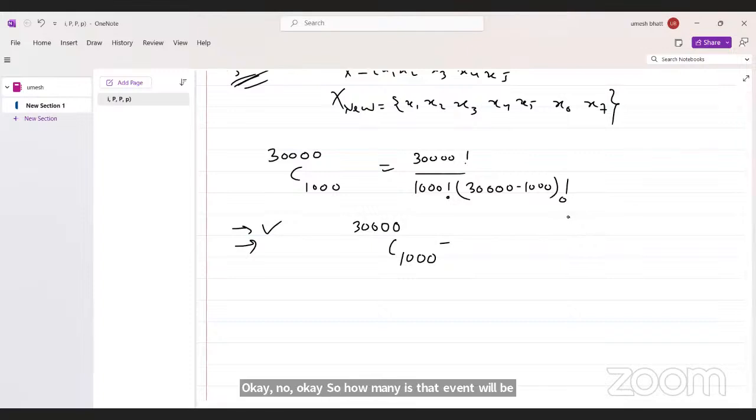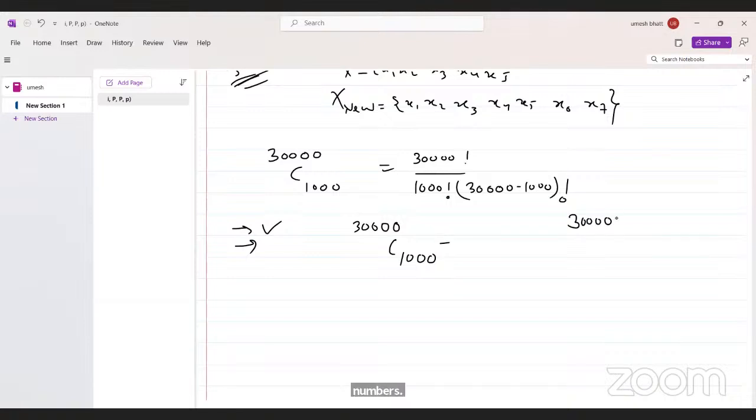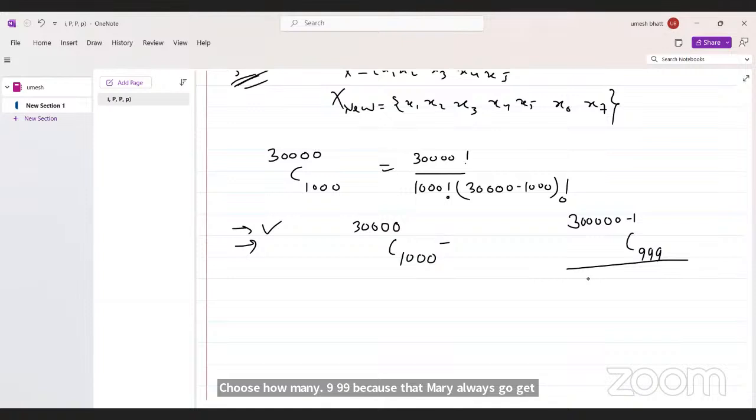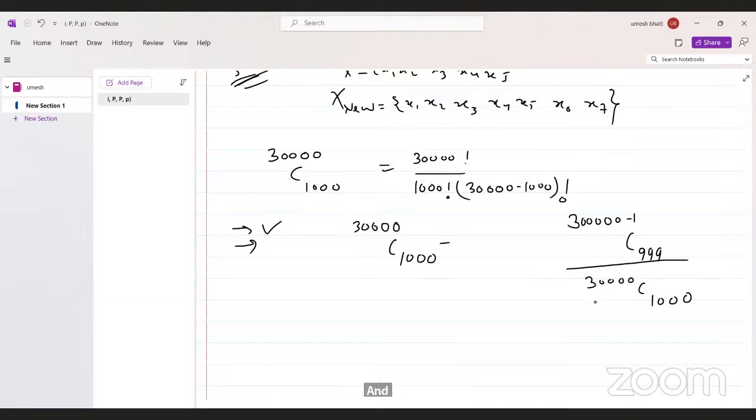For that, remove one person from my total numbers, which is 30,000 minus 1 C. And now out of these, choose how many? 999, because Mary always gets that feedback form, divided by 30,000 C 1,000. Now can you solve this?